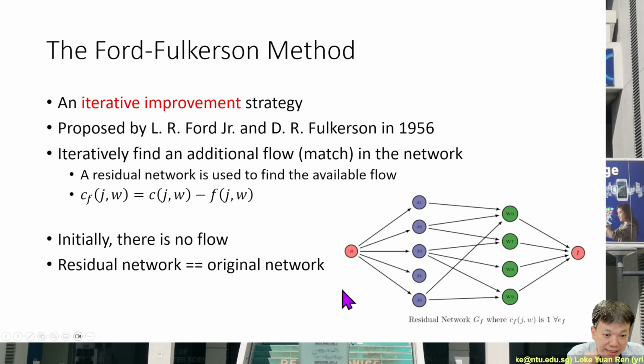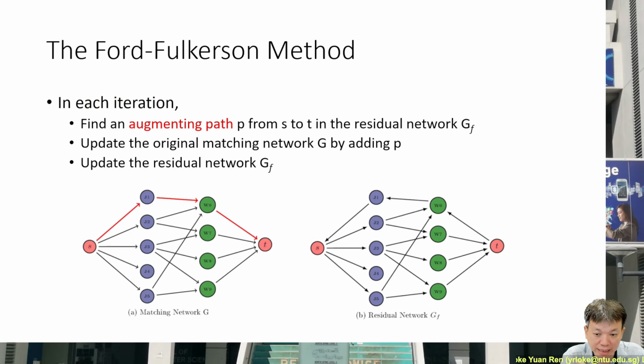I haven't started yet, so the original network is exactly the same as the residue network at the beginning. So imagine you have two networks, something like this. In the Ford-Fulkerson method there's a loop: in every iteration I try to find an augmenting path. That means I'm trying to search for a path from S to T.